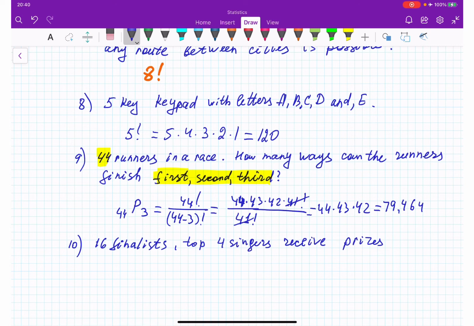How many ways can the singers finish first through fourth?